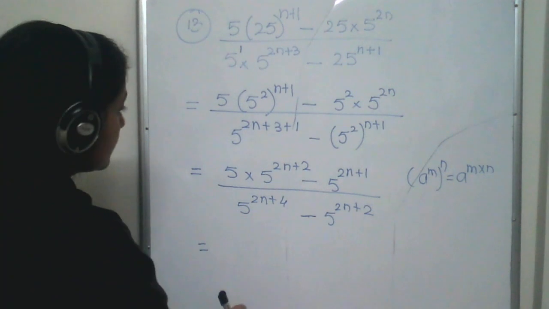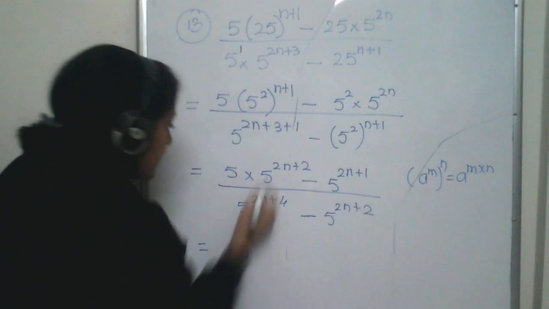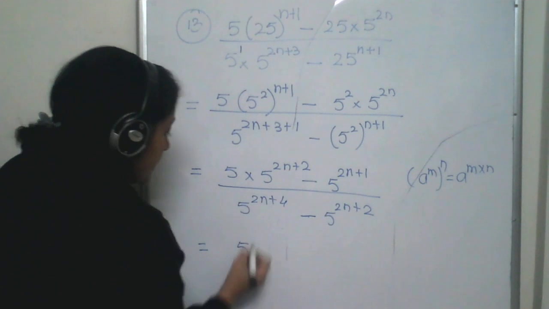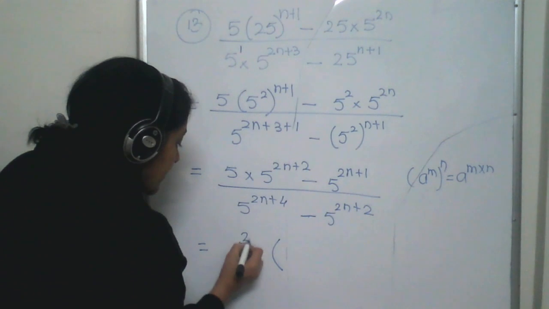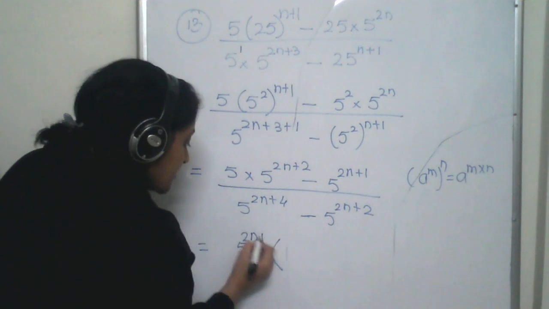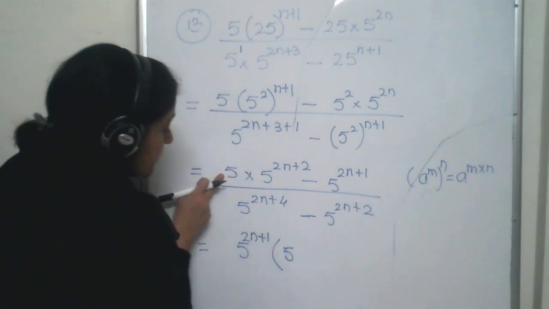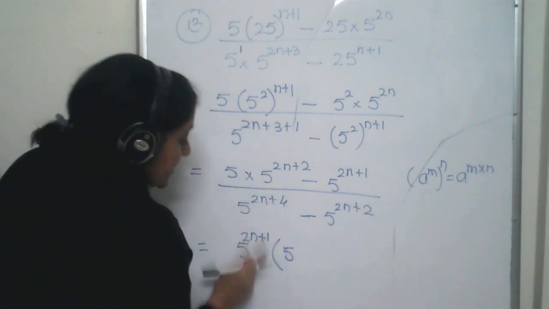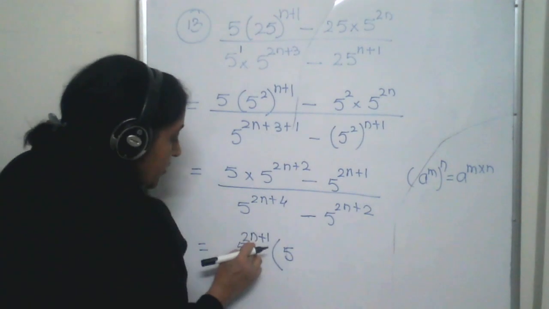Now see here, this 5 I'll write inside the bracket. 5 to the power 2n we can take as common, because here and here. What more is common? I said plus 1. Now 5, this 5 is this one. Now 5 to the power, anything is left? Yes. How much is left? 1 is left. How? 2n over.